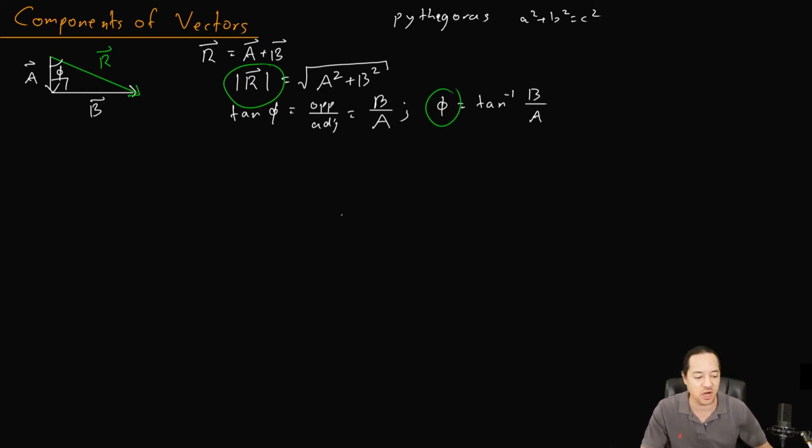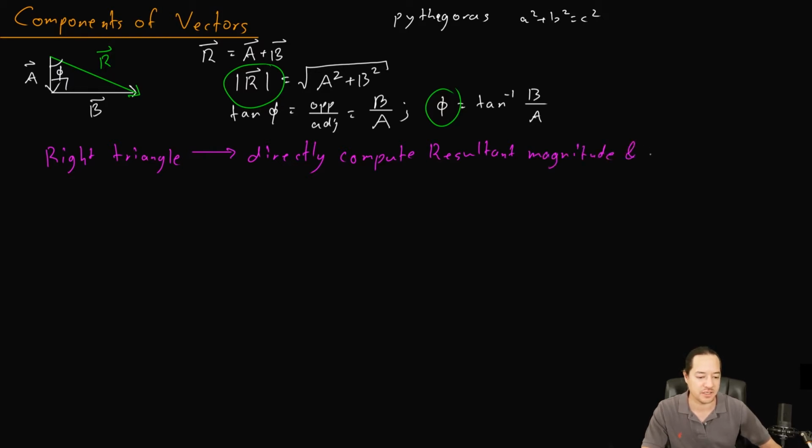So right triangles are really interesting for us. With right triangles, we're able to have this special case where we can directly compute the resultant's magnitude and direction.